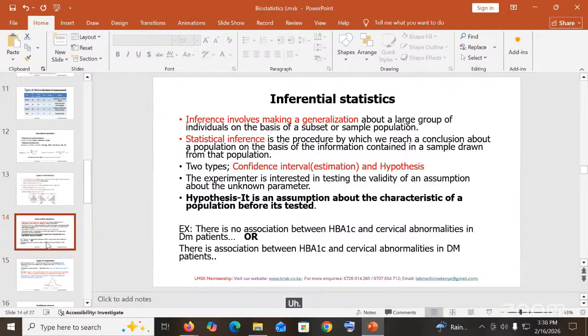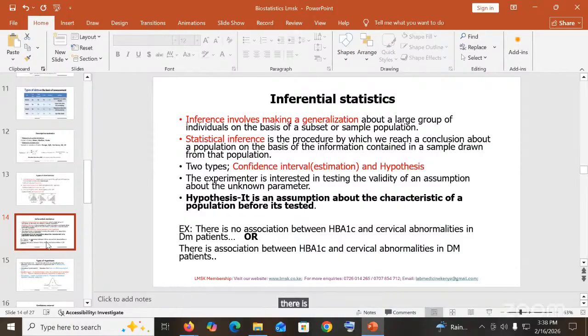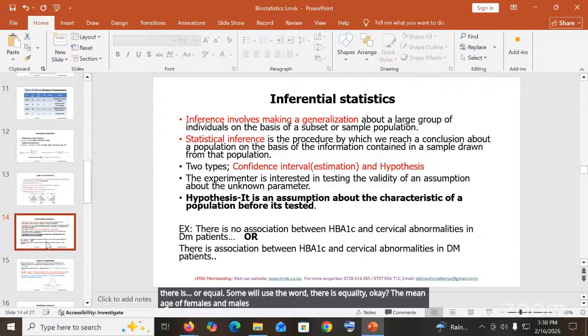Now we have another type of hypothesis: there is an association between HbA1c and cervical abnormalities in DM patients. This one is called the alternative hypothesis. Anything that says no association, no difference, or equal is the null hypothesis. Some will use the word equality. For example, the mean age of female and male patients that we attended to is equal, meaning there is no association.